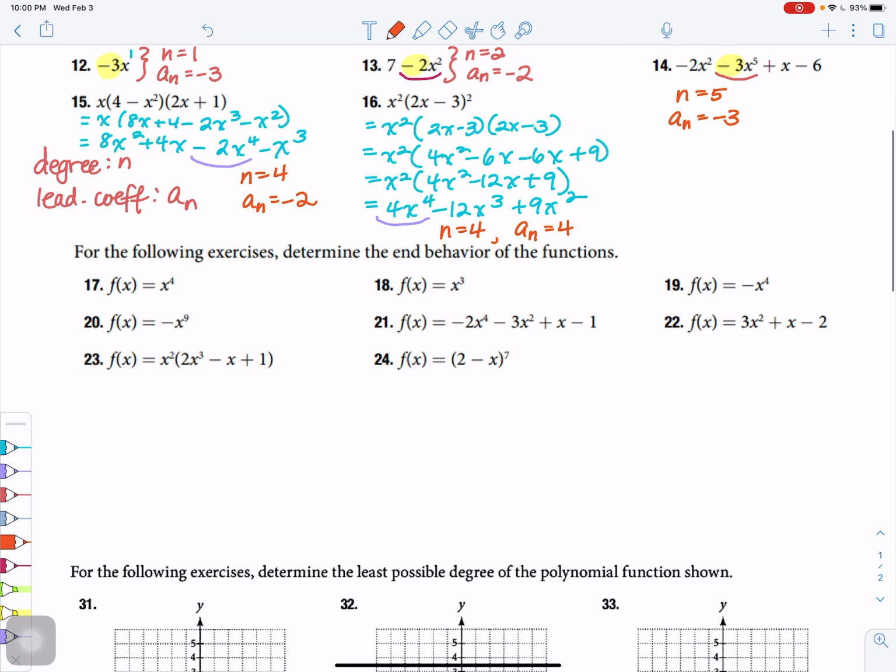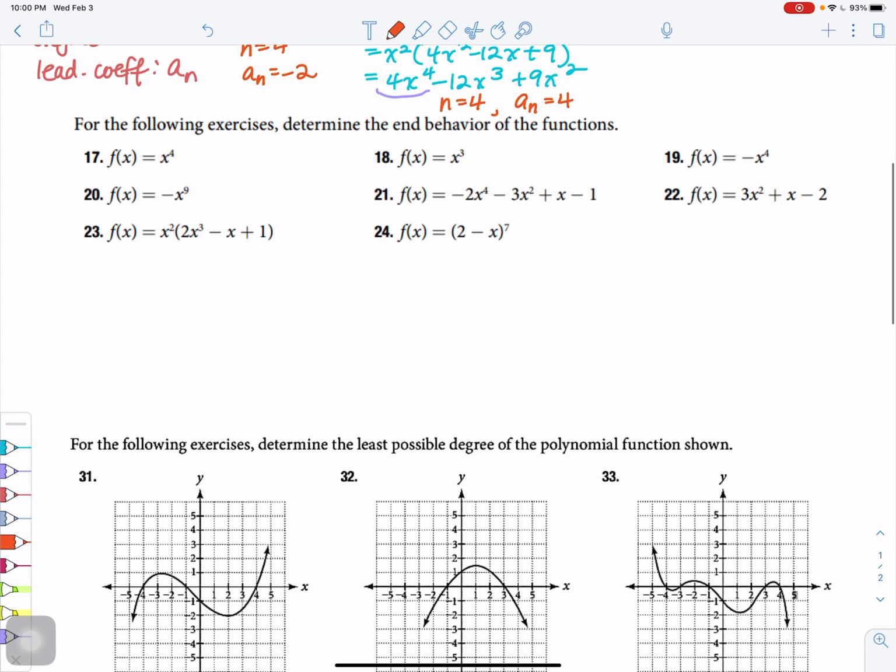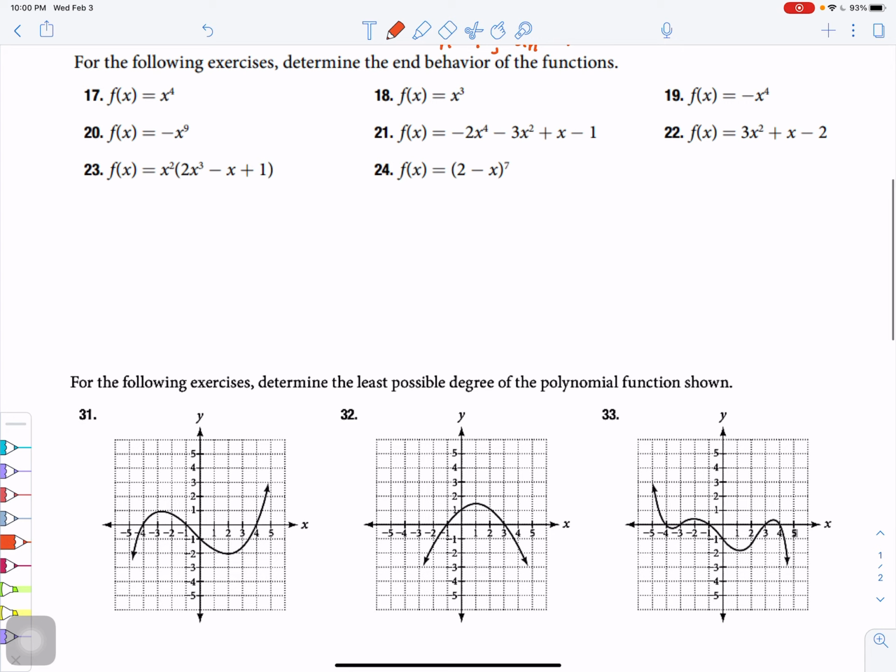Okay, let's go ahead and take a look at number 17 through 22. We're going to talk about the end behavior, and I'm going to do a couple of different ways, okay? Let's look at number 17. This is even degreed, n is even, so both ends go up or both ends go down, one or the other, okay?